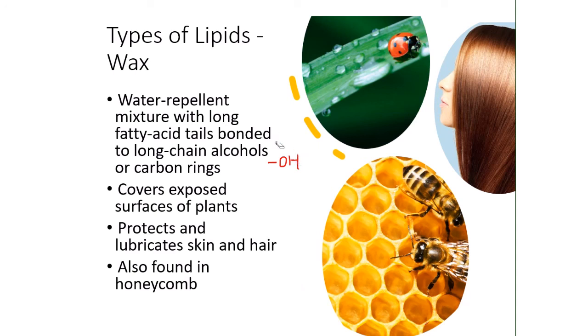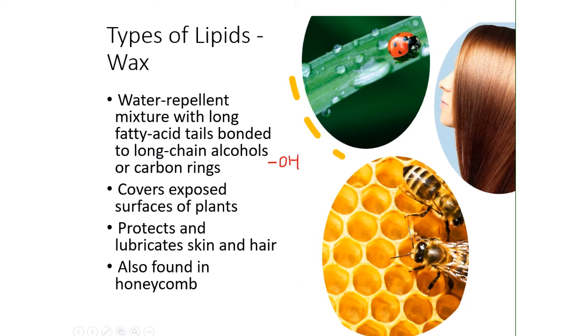But alcohol is basically a functional group shown here as OH, and there are going to be some carbon rings. So together they make the wax, and wax typically covers exposed surfaces of plants to prevent water loss through evaporation.